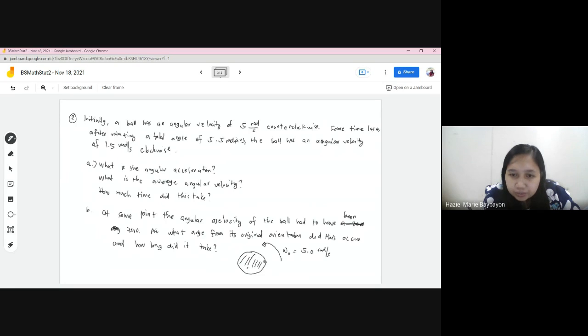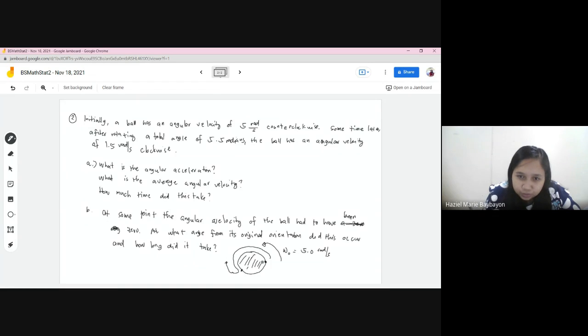So take note of this. After some time, this point on the ball is most likely here. Okay? So it moved counterclockwise along its path, and then at some point its angular velocity has reached zero, before it reversed into the clockwise direction.